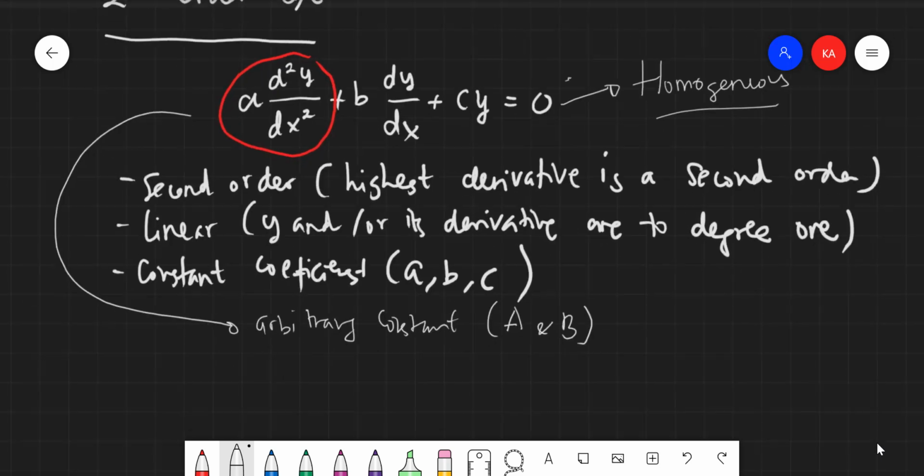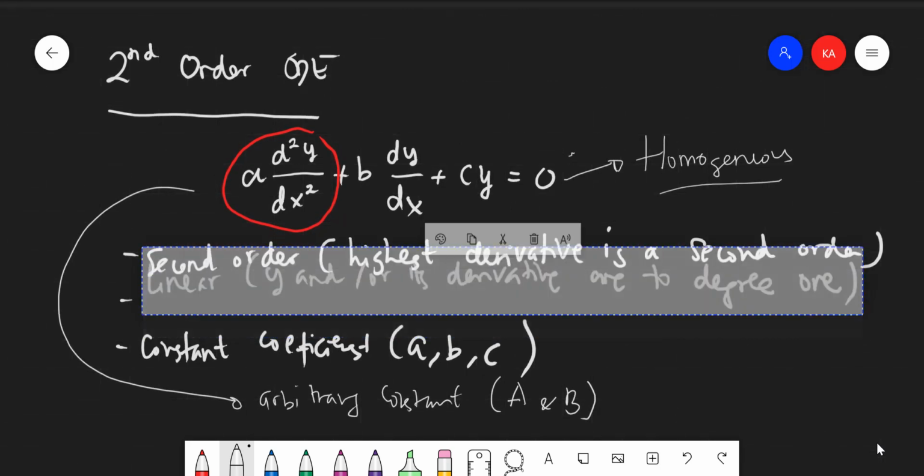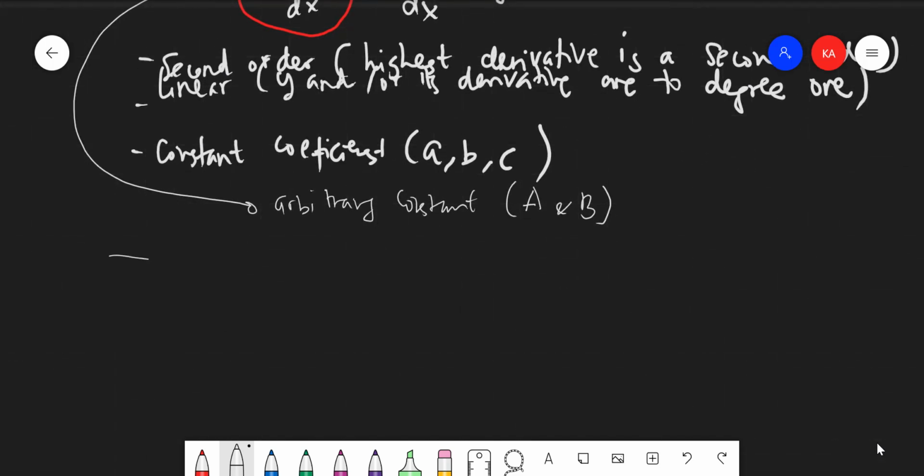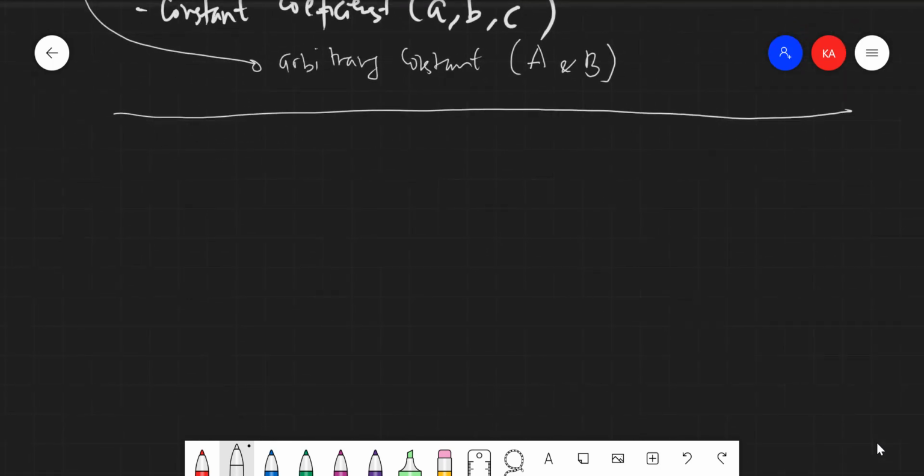Okay, so how to get the general solution of the second order ODE, to find the arbitrary constants A and B? The first one, we have to try a trial solution of the form y is equal to a e power of mx.